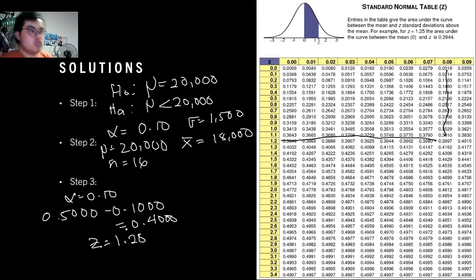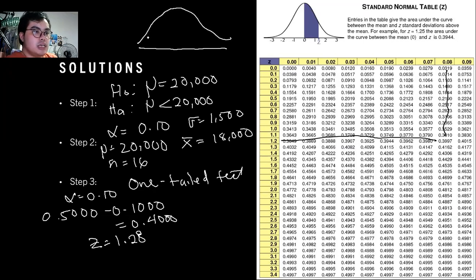Oops, I'm so sorry. This is one-tailed test kasi less than siya. There is a specific comparison. Yung less than or greater than, specific comparison yan. So this is one-tailed test. Okay, so since less than ang usapan, we can tell that this is negative 1.28. So yung z natin is equal to negative 1.28.